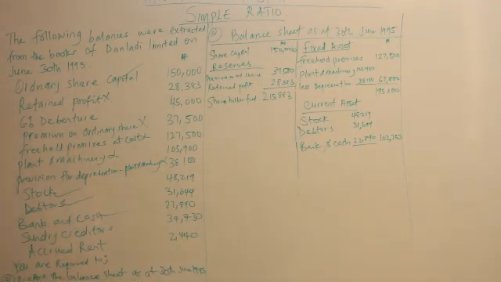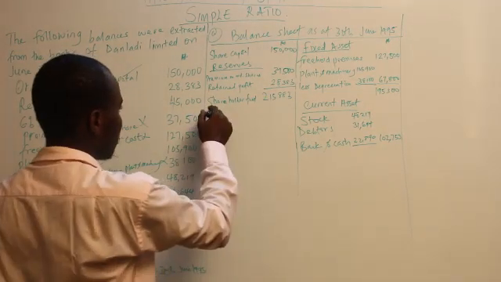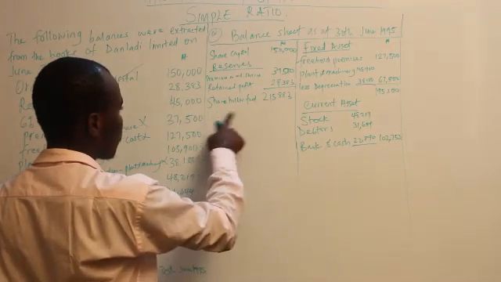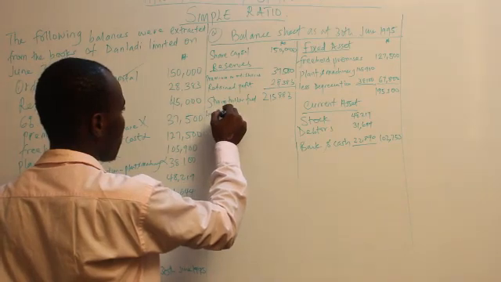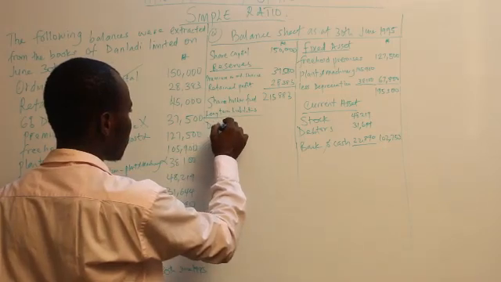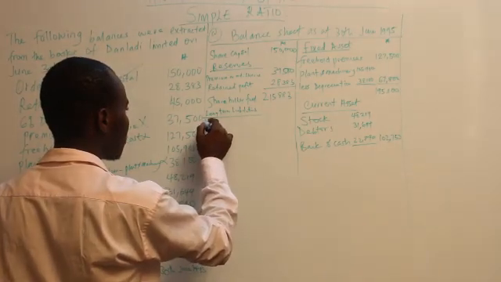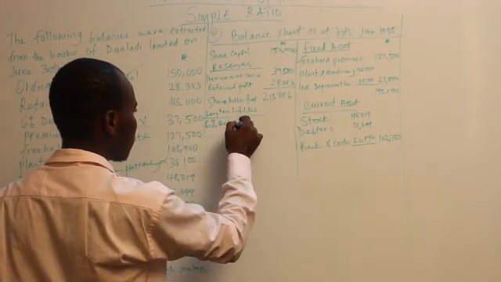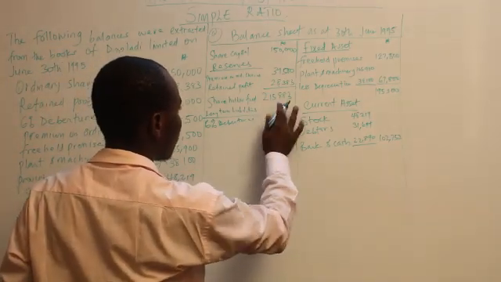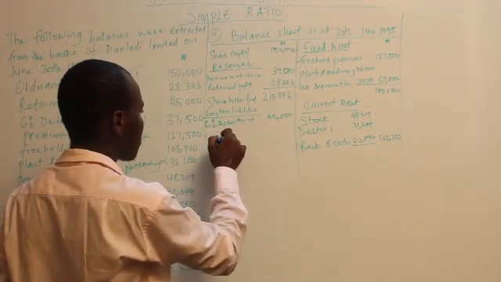Now the next thing we have is 6% debentures as a long-term liability, 45,000 naira. Then we have current liabilities.